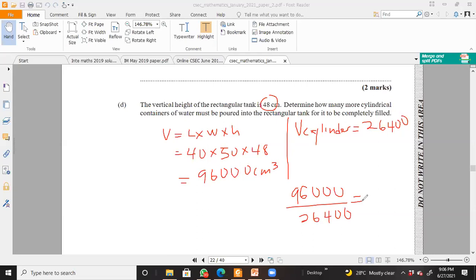Because they never tell us anything, so it could be 3.64. Okay, so it'll be 3.64, right? So work with that. They never asked me to put it to decimal place or whatever. So leave it at 3.64.